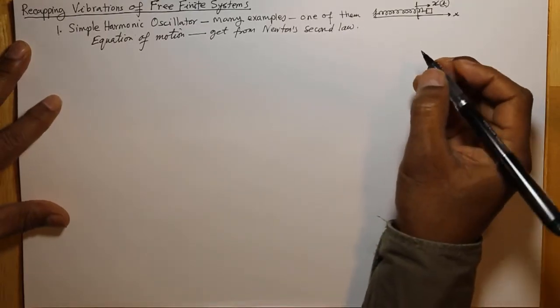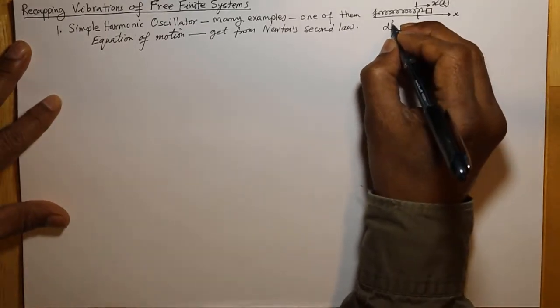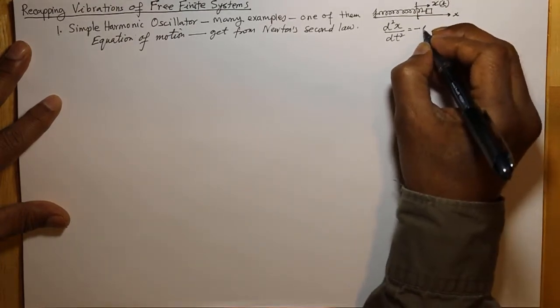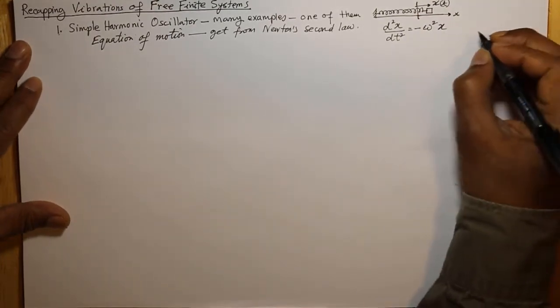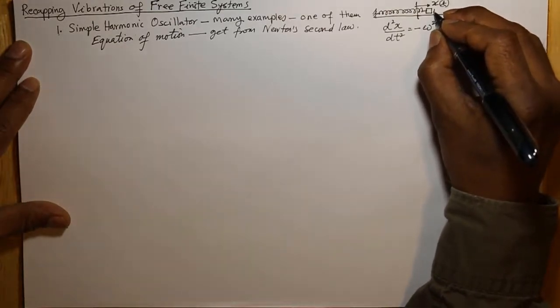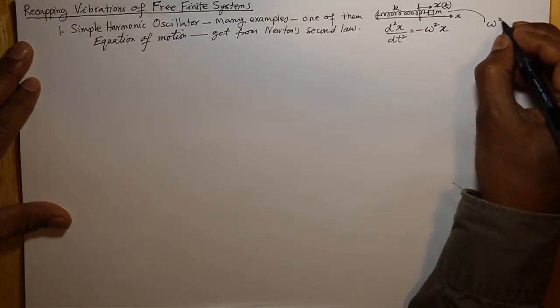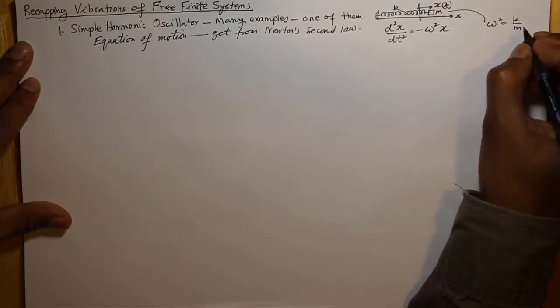And here you get d squared x over dt squared equals minus omega squared x. In this system, omega squared is k over m.